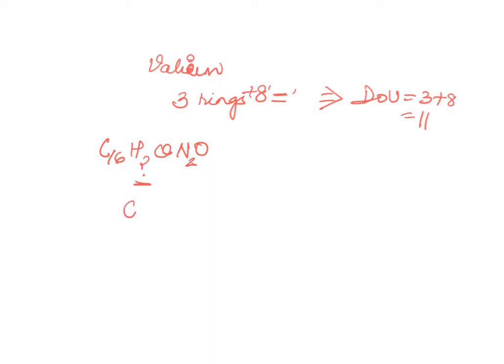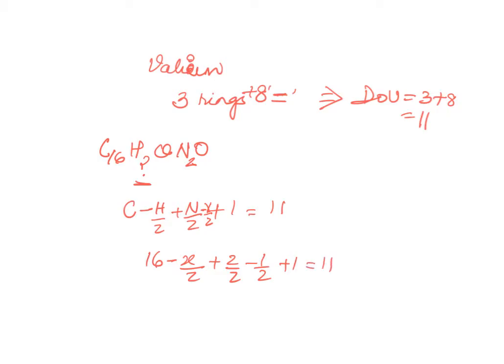So without Googling your answer, if you had to do that, what would you do? Simply use the formula. Carbon minus hydrogen divided by 2 plus nitrogen divided by 2. Oxygen doesn't count. Plus 1. Halogens, we forgot about halogens, is going to be equal to the DOU. So 16 minus x divided by 2 plus 2 over 2 minus 1 over 2 plus 1 equals 11. So 16 plus 1 is going to be 18.